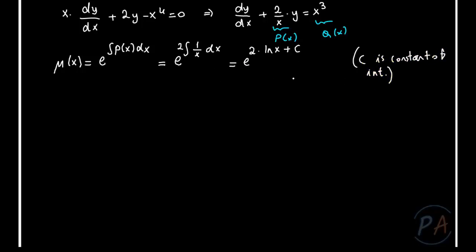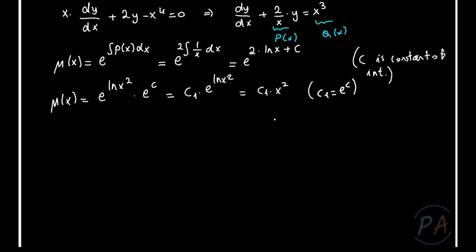And now the integral factor can be reduced to mu of x equals exponential ln x squared times exponential c, and it can be written as c1 times exponential ln x squared, that is c1 times x squared. Here c1 equals exponential c.